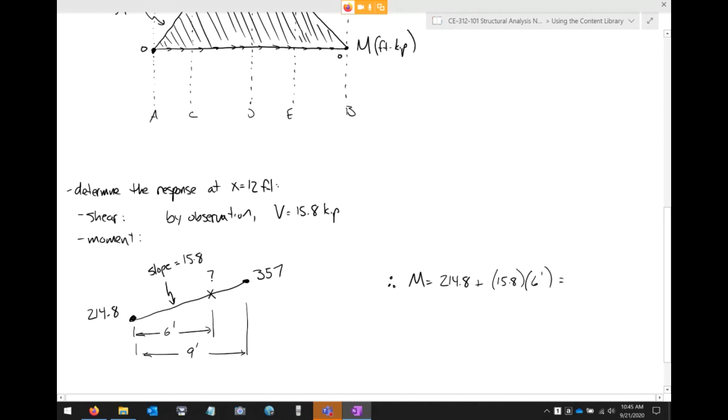What do you get when you plug and chug that? You get 309.6. So the moment is 309.6 foot kips.